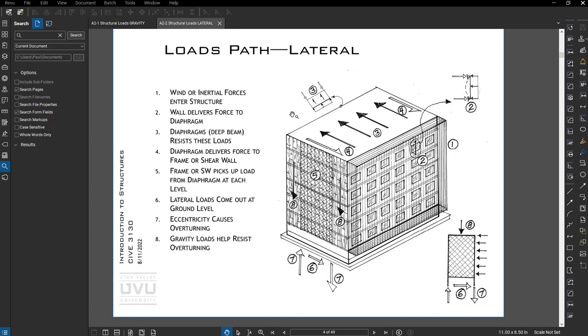So if we can't follow a load path in lateral load design that goes from the applied wind load to a member to the floor, floor to the wall or frame, frame to a footing to the ground, then we're going to have a problem.